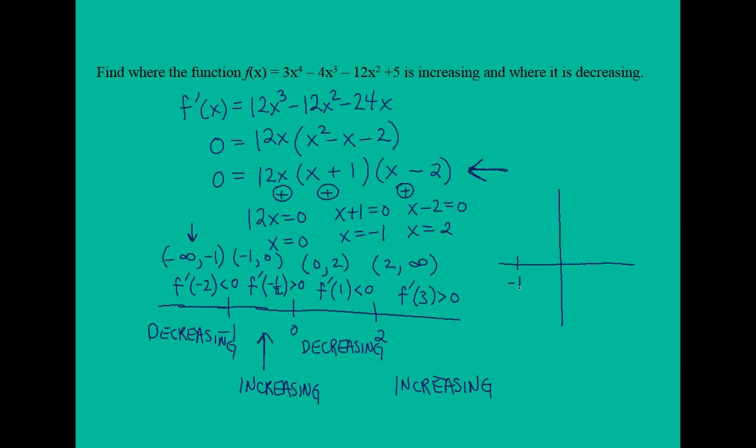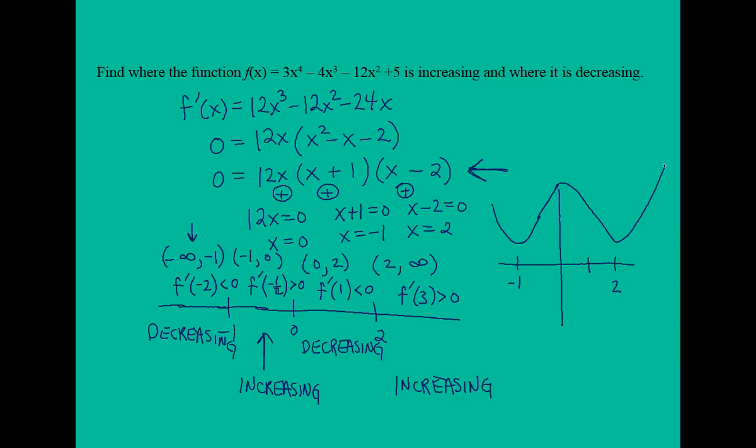We know the function is decreasing, but then at -1 it changes to increasing. Then it's increasing all the way to 0. But then at 0 to 2, it's decreasing. And then from 2 on, it's increasing.